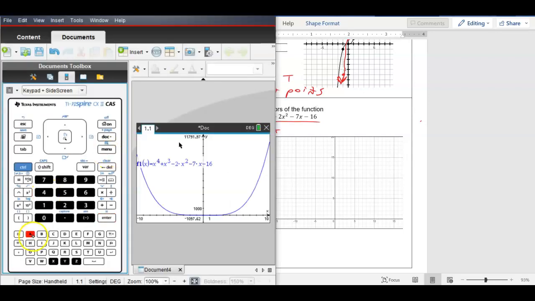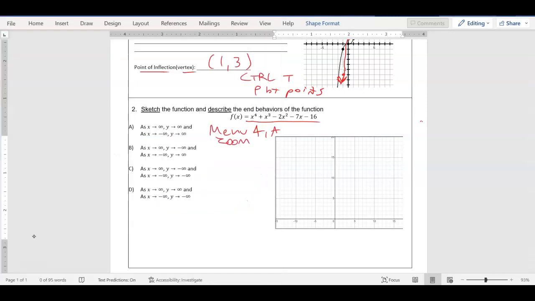Okay, and now you can see it looks like this. There may be more nuance down here, but the main thing we care about is the end behaviors.